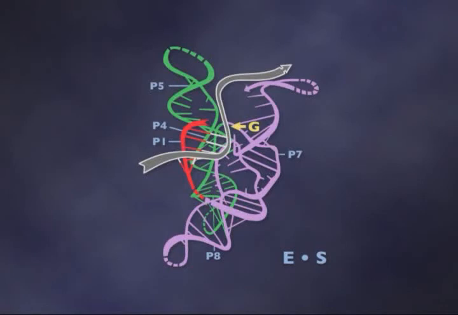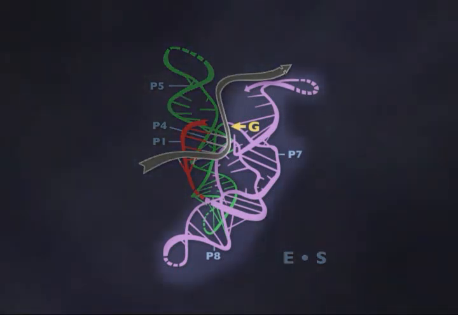I think it helps to put this catalytic cycle into a structural context that is a little bit more accurate. So here we see a model that was produced by two Frenchmen, Francois Michel and Eric Westhof, that shows two folded domains of the Tetrahymena ribozyme.